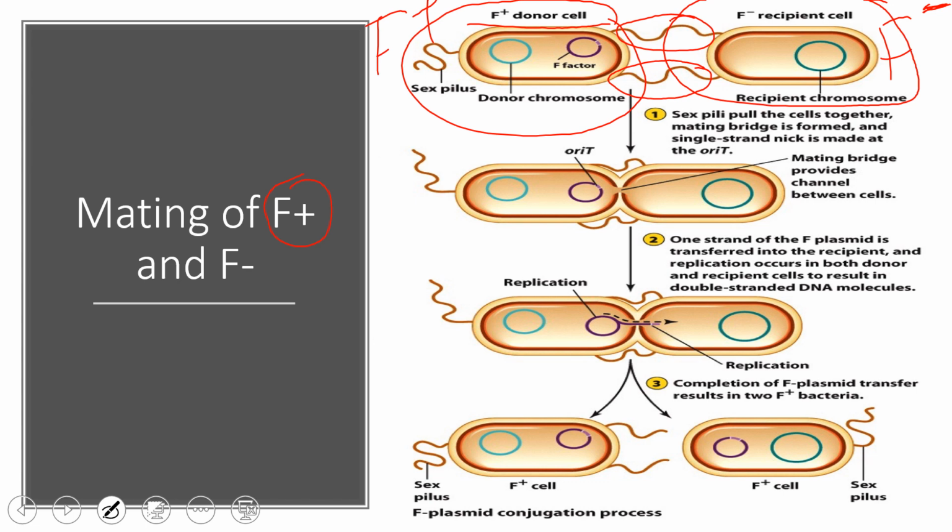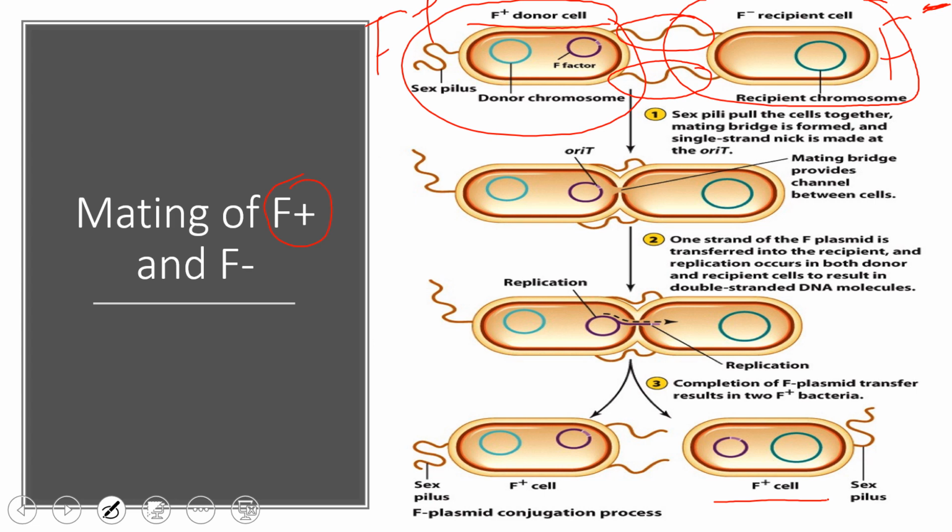The F plasmid from the F plus cell is transmitted to the F minus cell. So the F minus cell becomes F plus, because initially it did not have any F factor, but after conjugation it has the F factor.